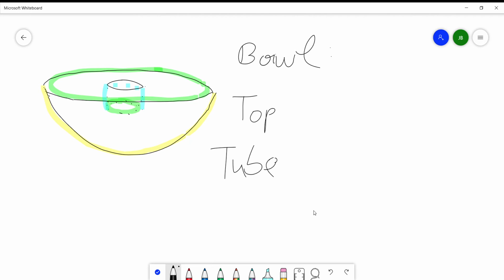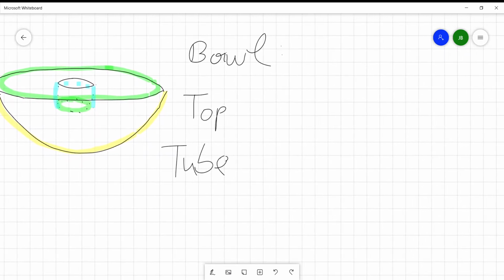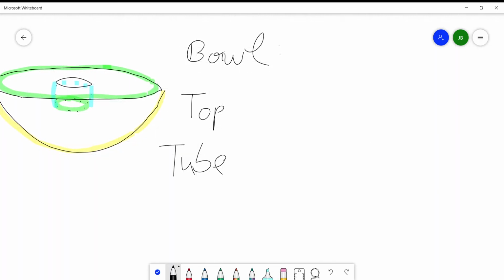So the bowl. How do we find these surface areas? Well, let's get our formulas down. So the bowl is like a sphere, right? If we imagine a perfect sphere and then we cut it in half, the surface area of a sphere is 4 times pi r squared, 4 pi r squared, but we don't have the whole sphere.